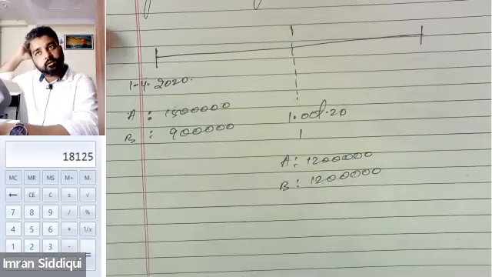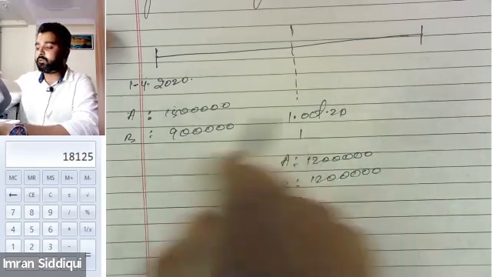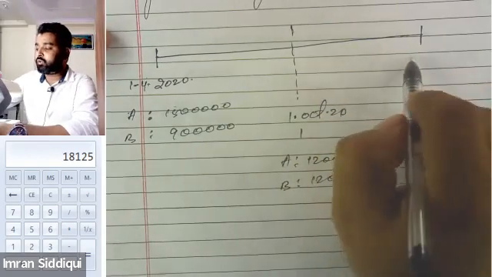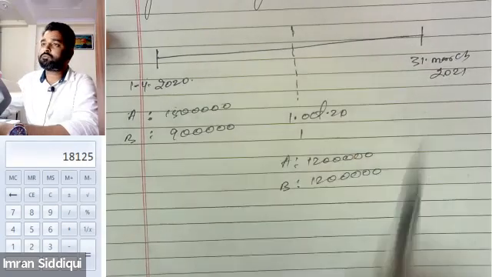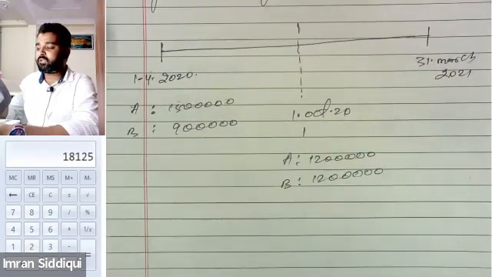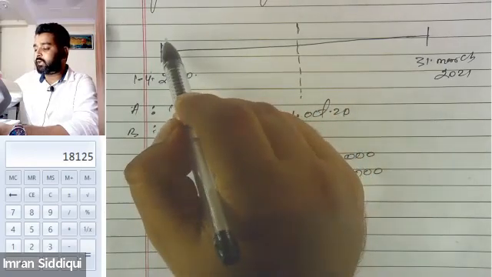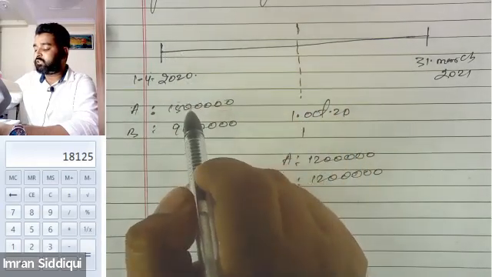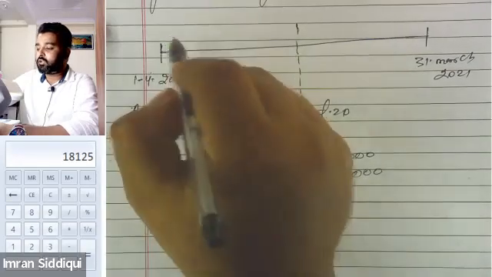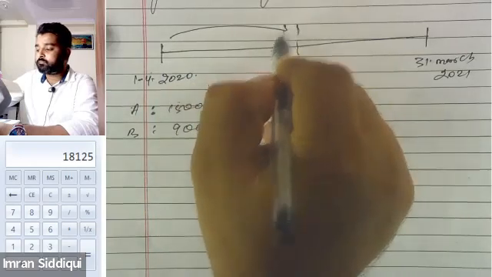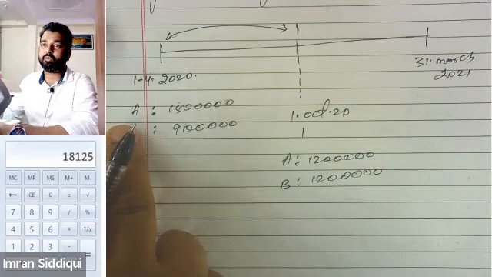Now the question asks us to calculate the interest on capital. The year must end on 31st of March 2021. Can we say that interest on 15 lakh will be charged for the period of 6 months? I'm talking in respect of partner A only.